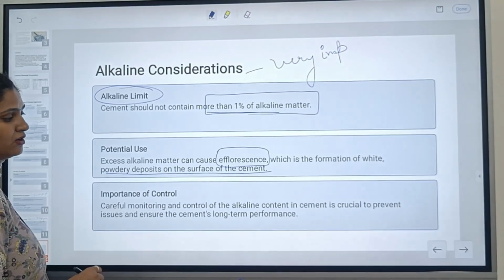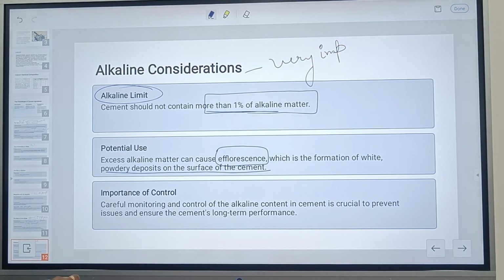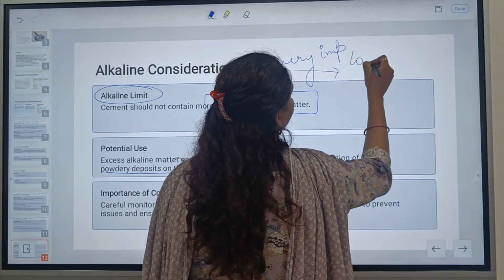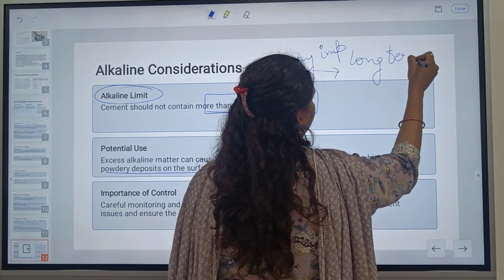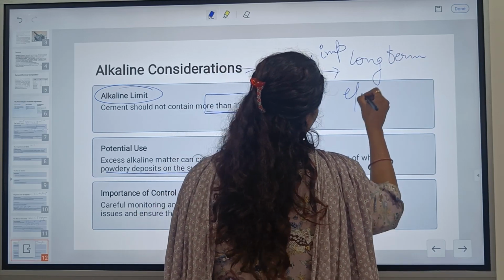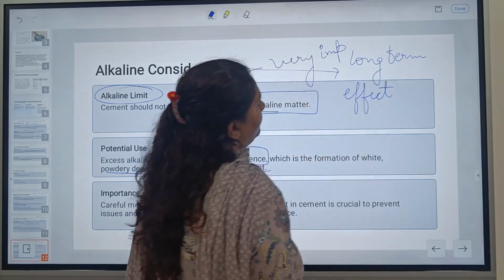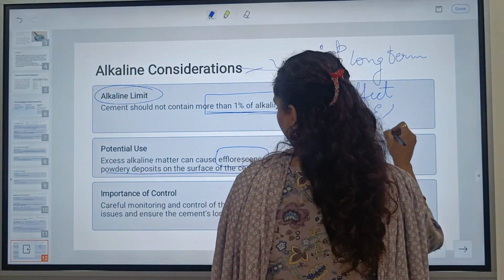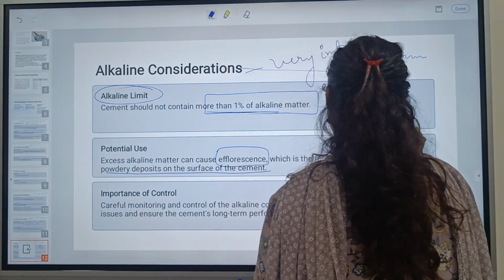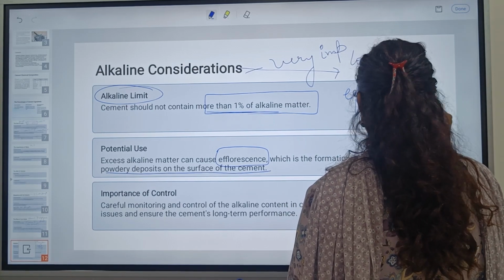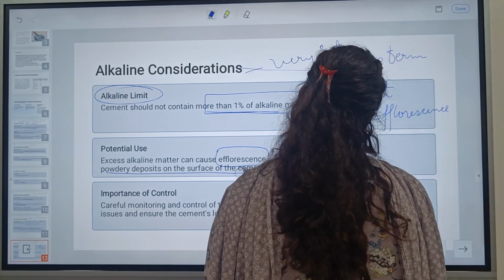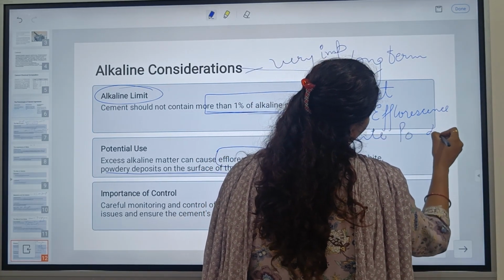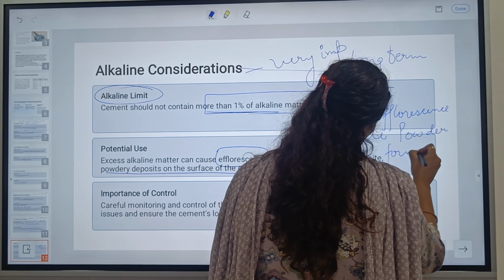So careful monitoring of this is required, as it shows in the long term effect. It is a white powder-form layer.